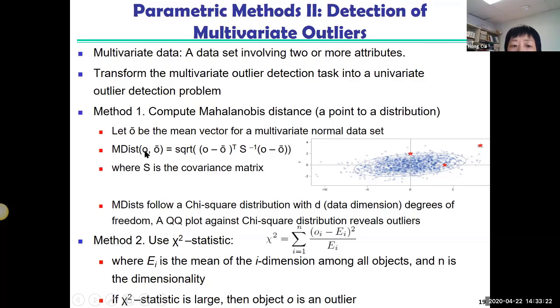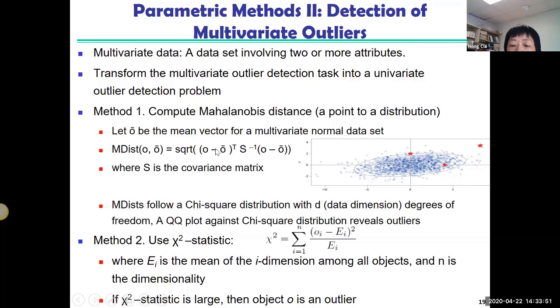The distance from O to the entire distribution is the square root of this, and S is the covariance matrix. If these two dimensions are completely independent of each other, then S is going to be an identity matrix. Therefore, this equation becomes a Euclidean distance.